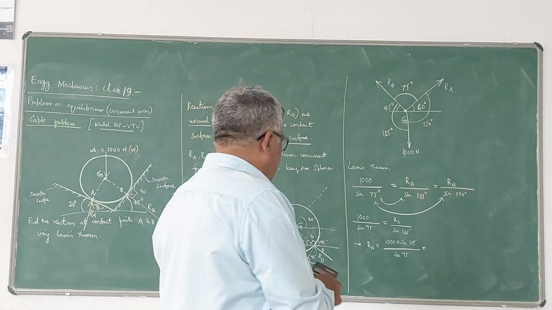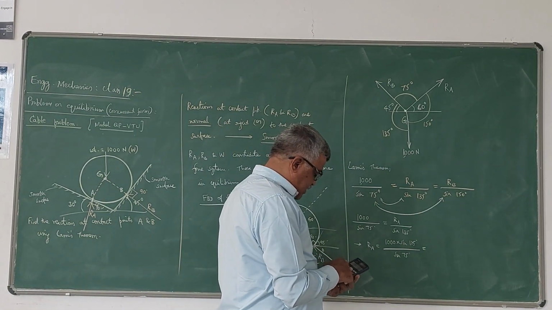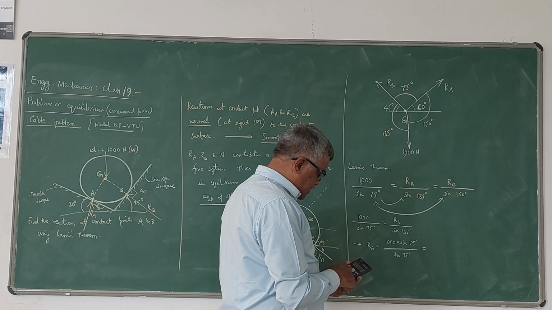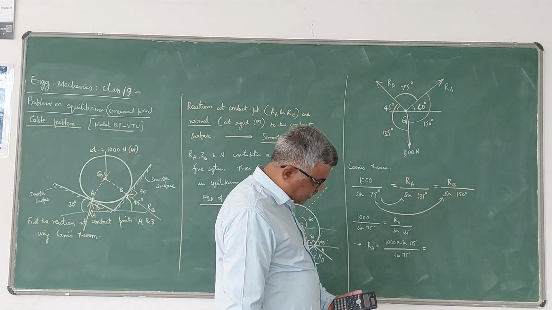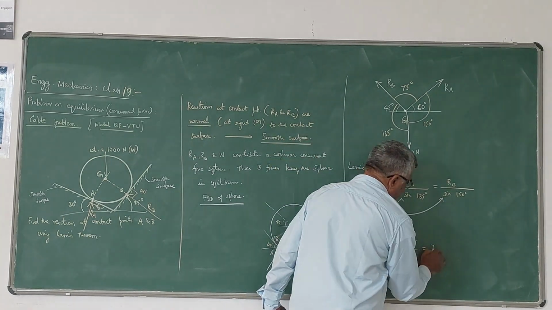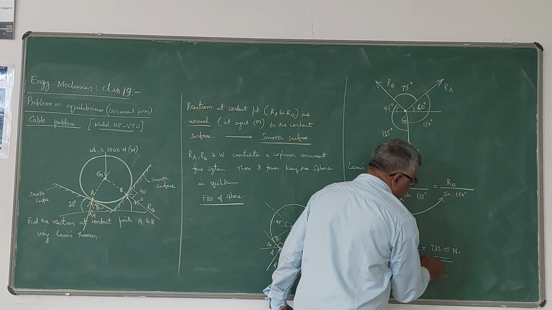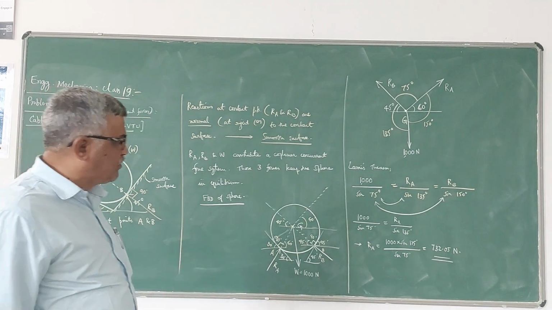The value is 1000 into sine 135 divided by sine 75. Using a calculator you get 732.05 Newton, because the weight of this square is in Newton, whatever force you consider, the reaction answer will also be in Newton.